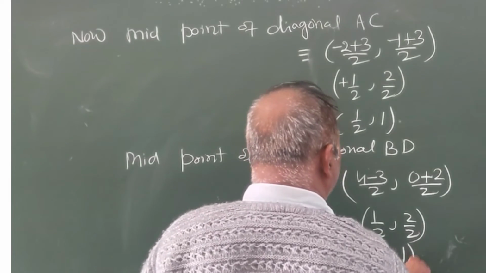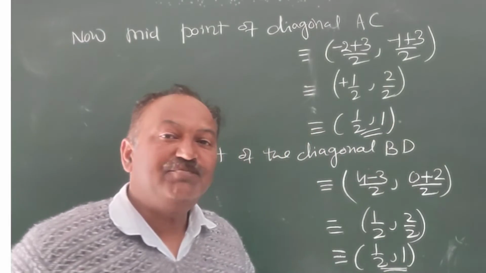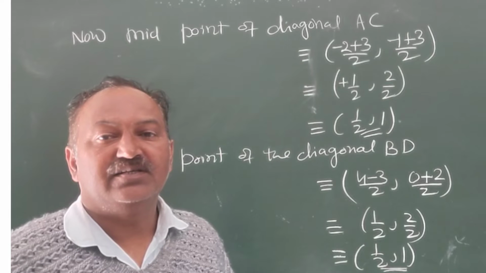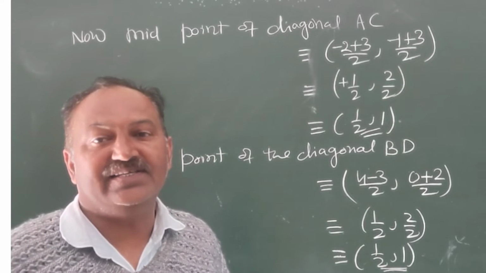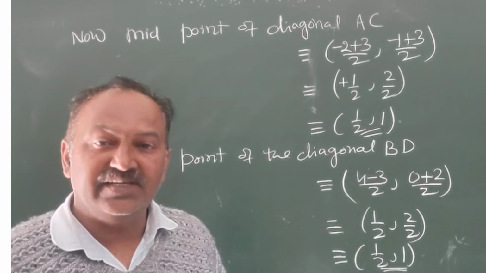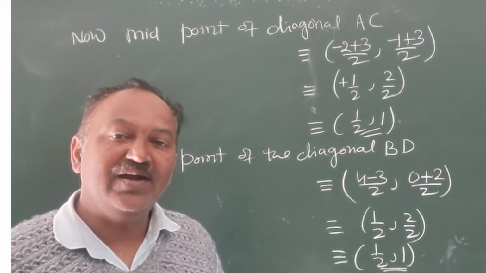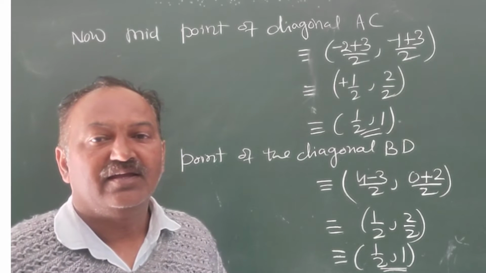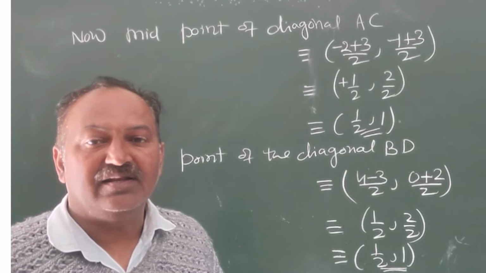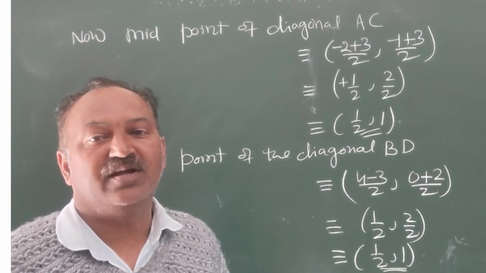Again, the midpoints of the diagonals of the quadrilateral ABCD bisect each other. They are the same. Midpoint of AC is equal to midpoint of BD, and opposite sides are parallel. Hence, it is a parallelogram.